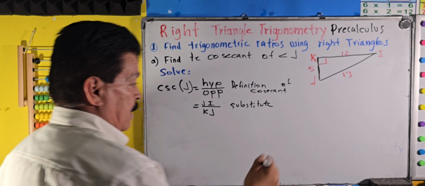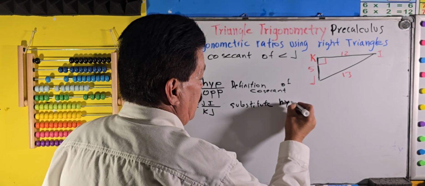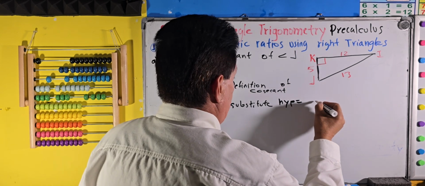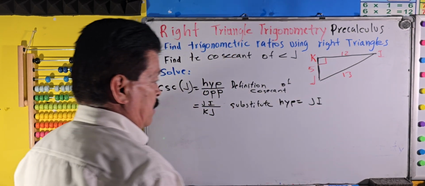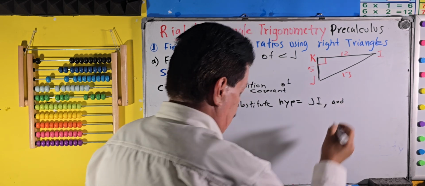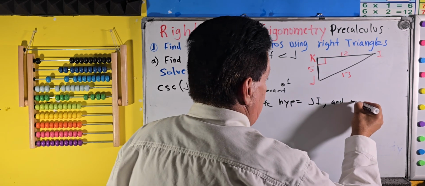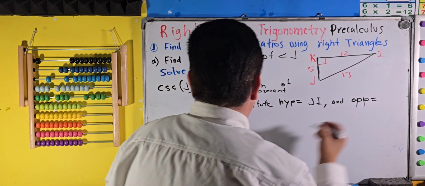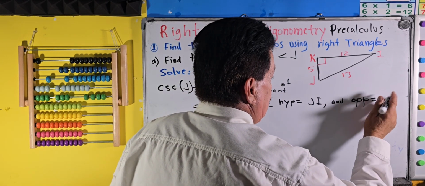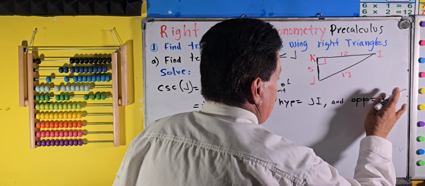Substitute: hypotenuse equals JI, or IJ, that doesn't matter, and opposite equals KJ.